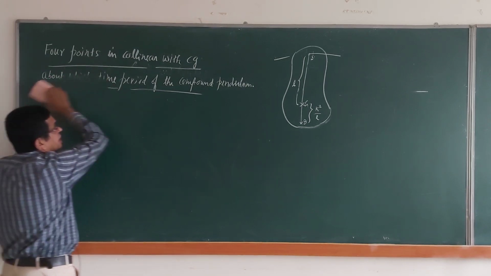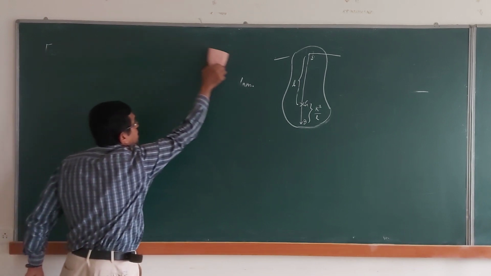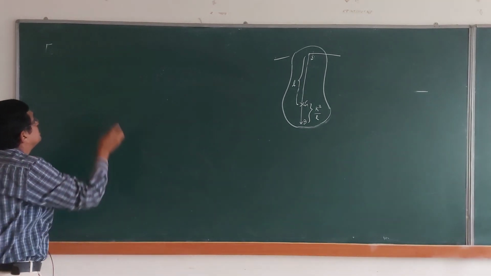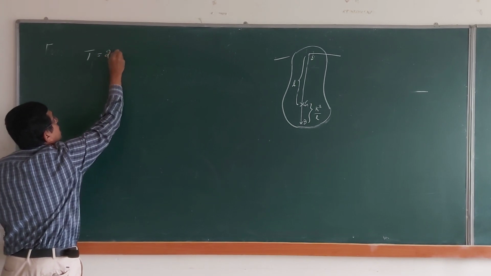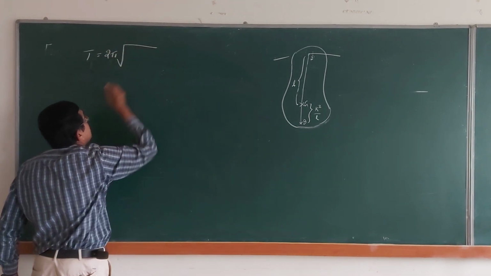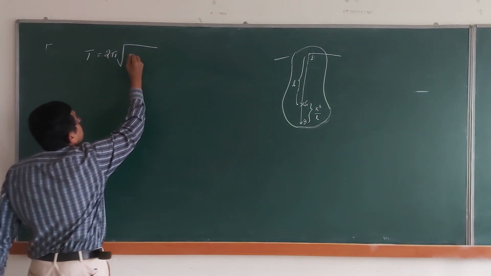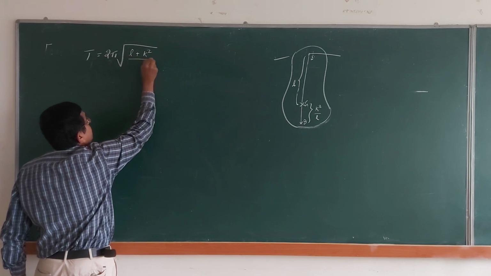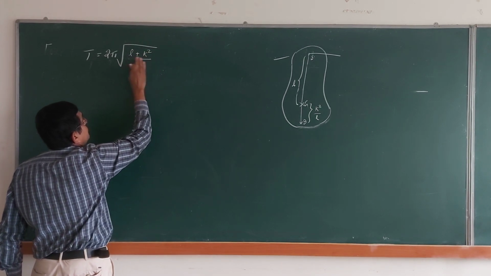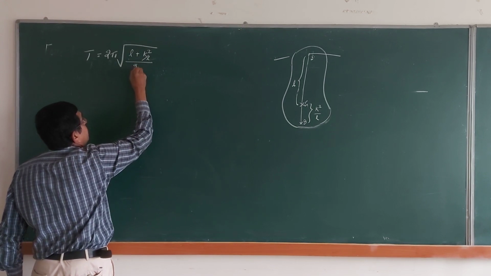Therefore, we write the equation for the time period of the pendulum as T equal to 2 pi into square root of (L plus k square by L) divided by g.